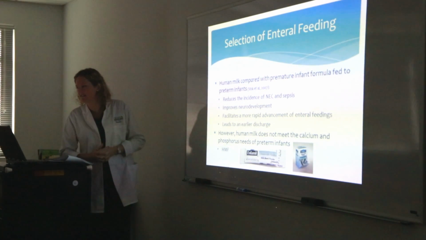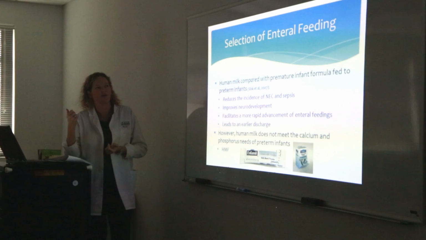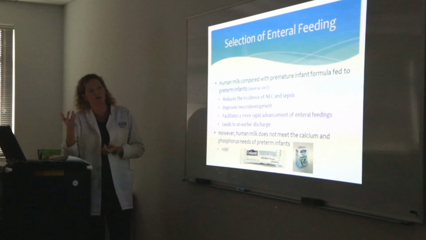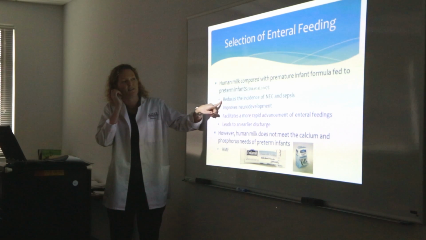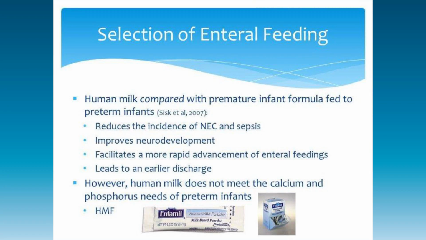Okay, so selecting the type of enteral feeding. Human milk is ideal if possible. When we compare human milk to premature infant formula, we did see a reduction in the incidence of NEC and sepsis, and improvement in neurodevelopment. It facilitated a more rapid advancement of enteral feedings and led to an earlier discharge.